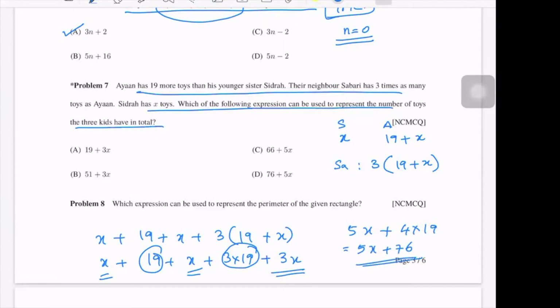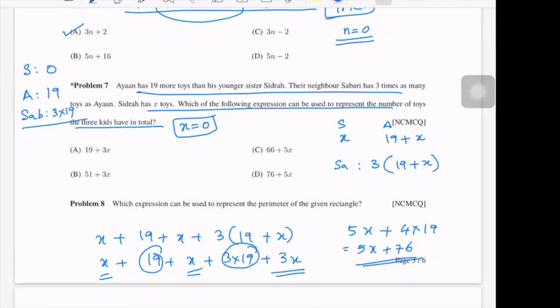Again, the trick here is you simply put X is equal to 0. Simply substitute X is equal to 0. That's the whole idea about variables: variables can take any value. So when you put X is equal to 0, Sidra has 0 toys, Ayan has 19, and Sabri has 3 into 19.